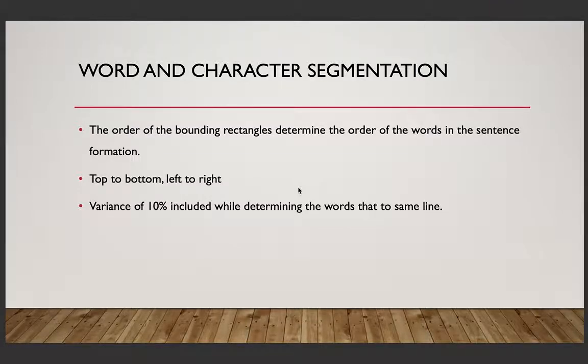One thing to notice is that we need to finalize an order in which the extracted words can be represented. The order we are choosing right now is the most frequently used, top to bottom and left to right, which is consistent with the English alphabet.